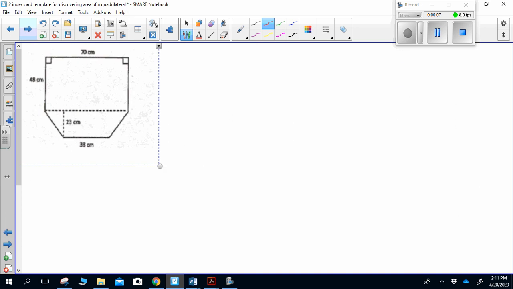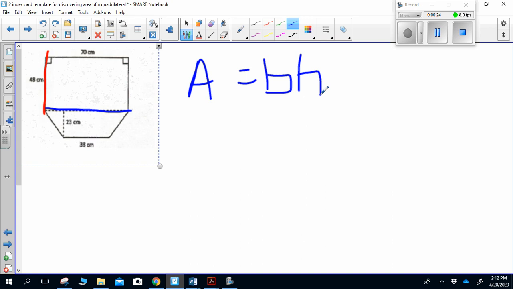All right, let's look at the next one. If I look at this figure, I see that I have a rectangle. So here's my rectangle. And we'll do that as my height and my base. So area equals base times height. So I'm going to do 70 times 48, or 48 times 70.